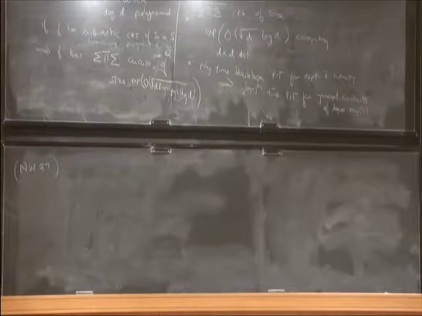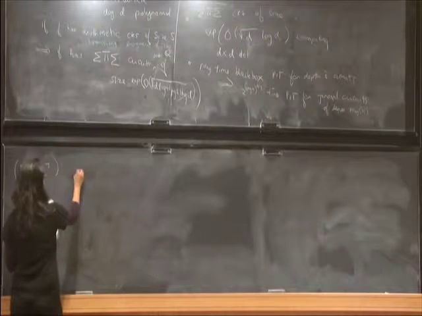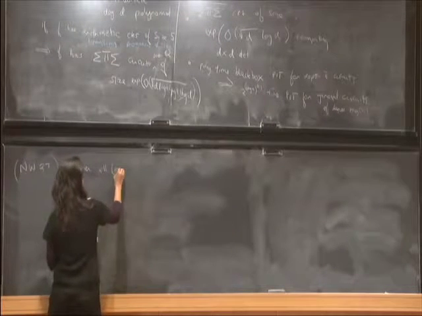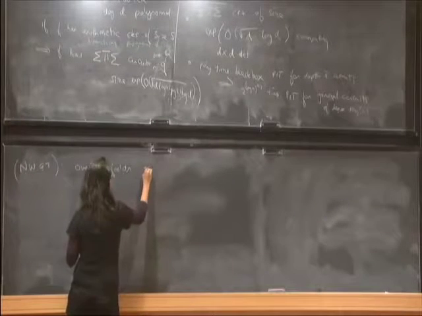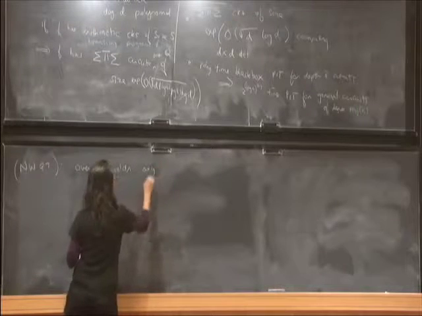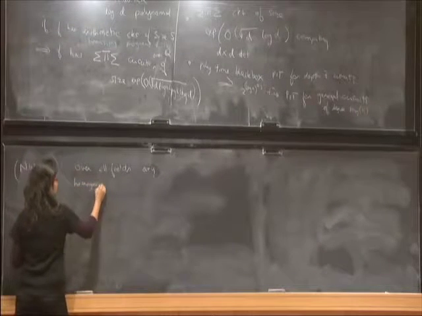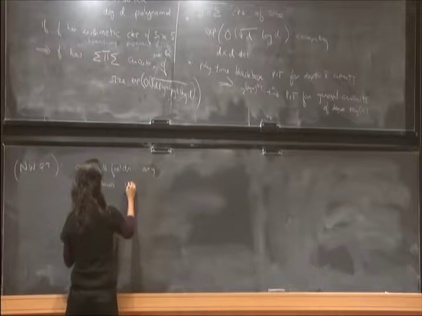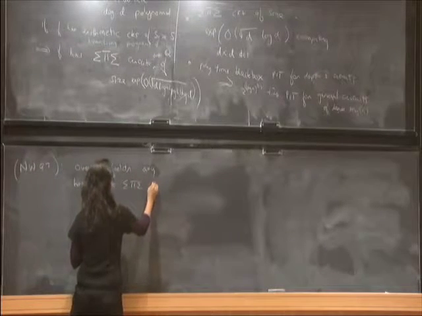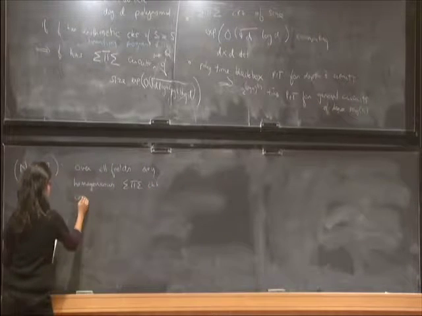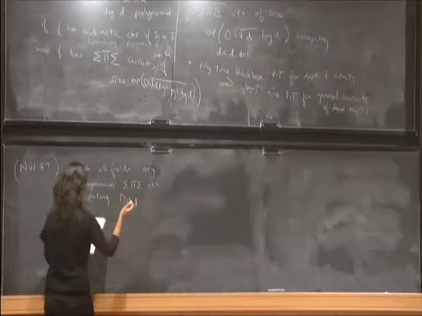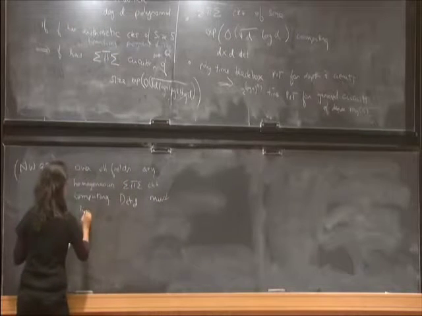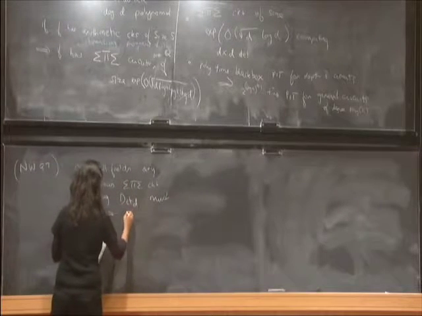In some sense, that blow up in the degree is necessary to have such a transformation, because this paper shows that over all fields, in particular even the rationals, any homogeneous sigma pi sigma circuit computing the d by d determinant must have exponential size.